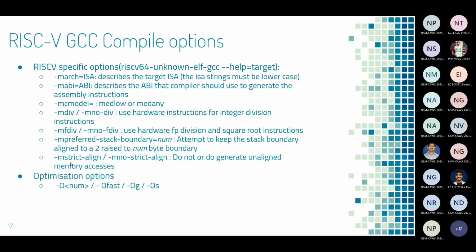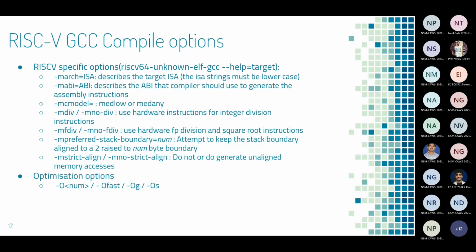Then there's another flag which controls whether your memory operations operate on unaligned memory accesses or not. What I mean by unaligned memory access is, let's say you're doing a load half word, which means it's 16 bits. Ideally, it should be a 16-bit aligned address, that is, a 2-byte aligned address.